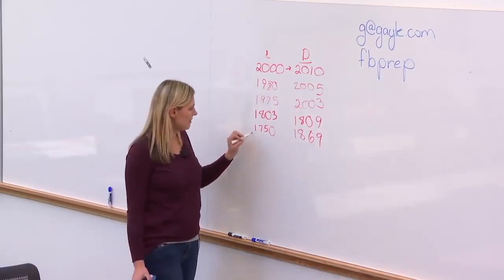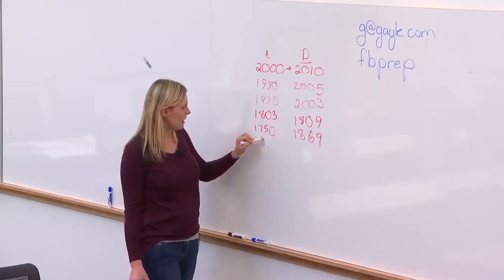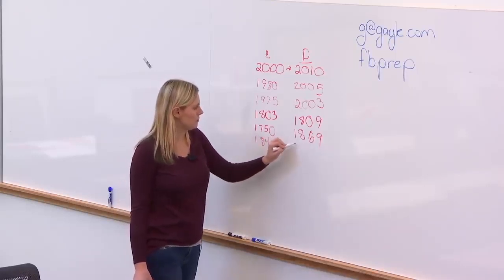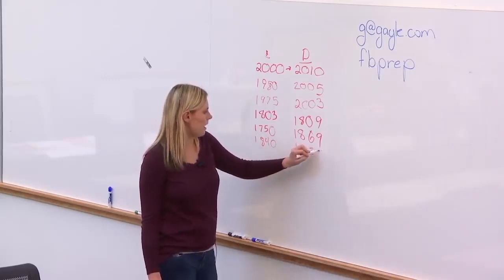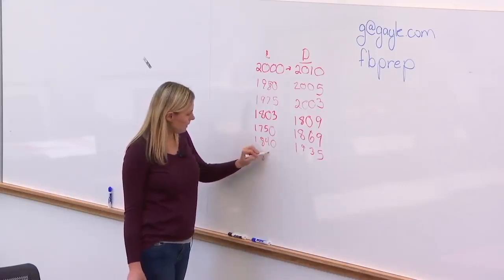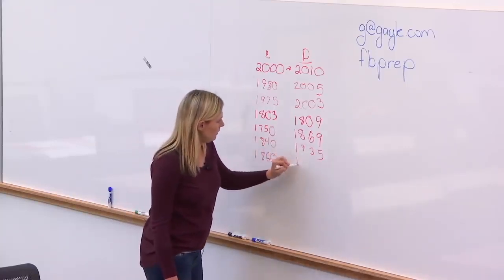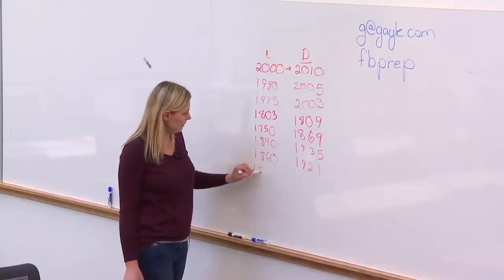I want to make sure my data is out of order. So let's make 1840 to 1935. Now we're starting to get a little bit bigger. 1860 to 1921. Just doing random examples.